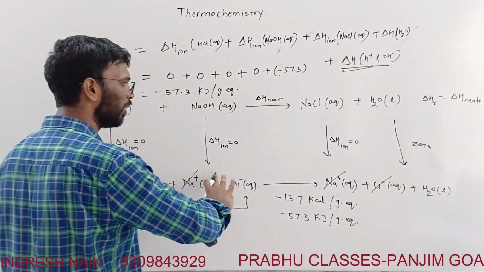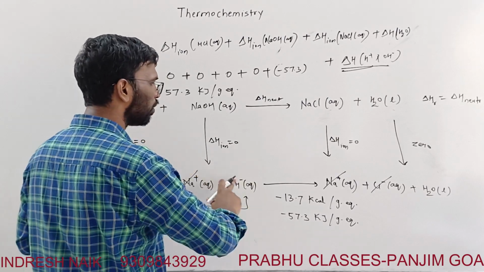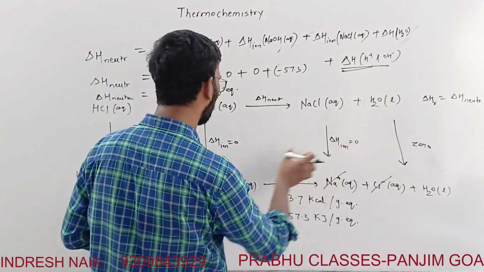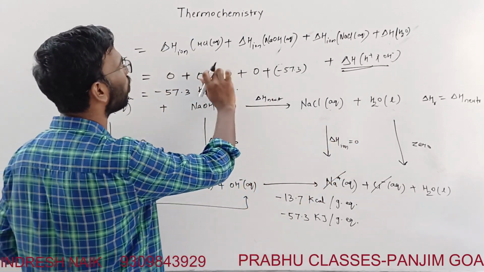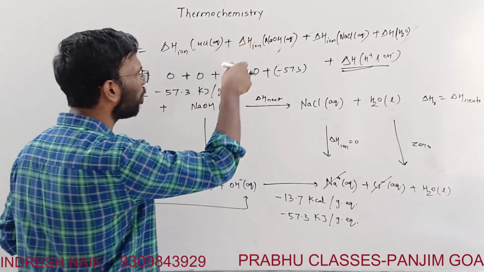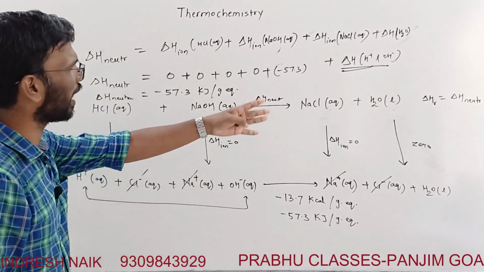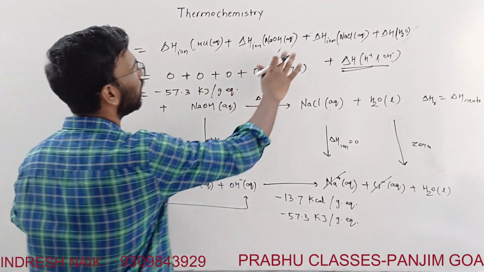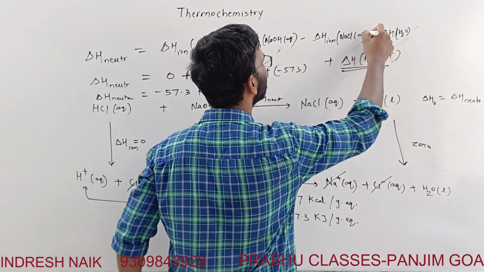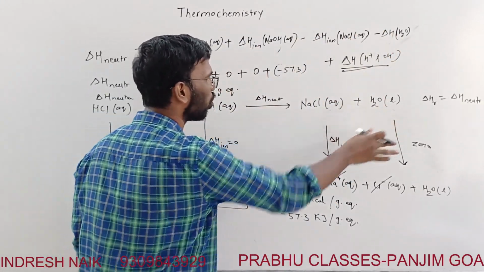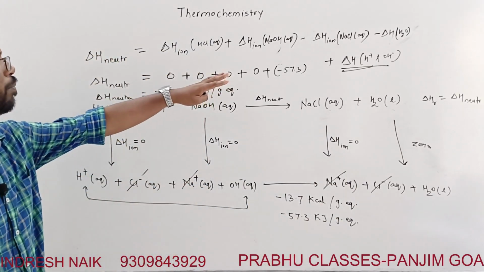Just to make a point: over here these arrows were in the same direction, and these arrows were opposite. So the enthalpy of ionization will not make much difference over here, because for NaCl that is anyway 0. This is minus, and this is also minus, because these arrows are opposite. Just keep that in mind.